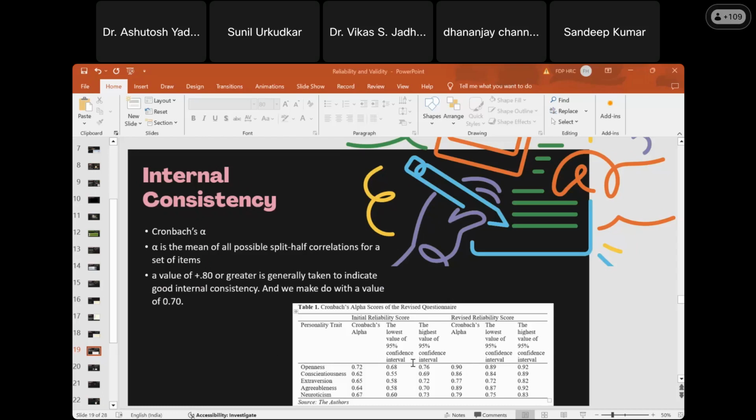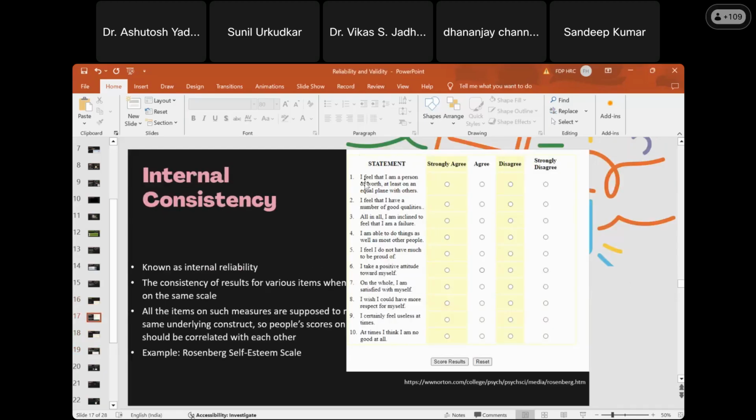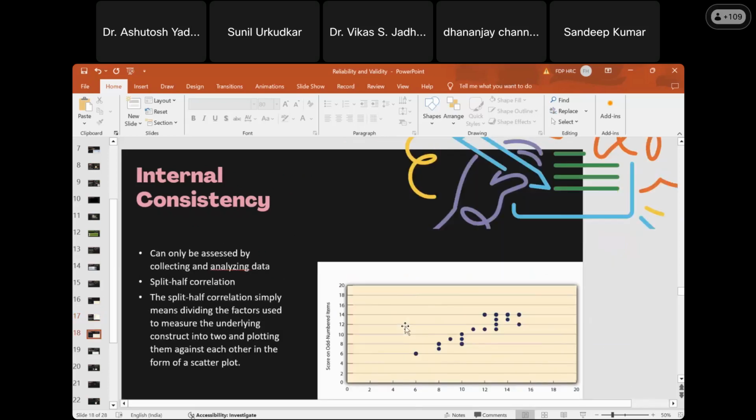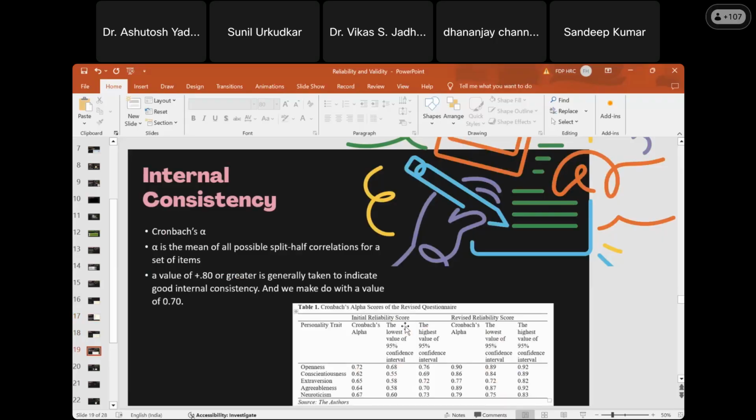Alpha is the mean of all possible split-half correlations for a set of items. Suppose, for the 10 statements, there are 252 ways of dividing them into two halves. If we calculate the split-half for all those 252 combinations and take their average, that is our alpha. For alpha, usually a value greater than 0.80 is desirable, but anything greater than 0.70 implies that we have good internal consistency.